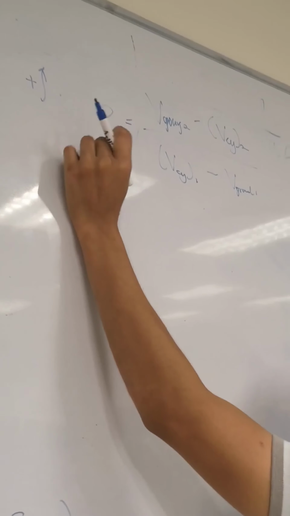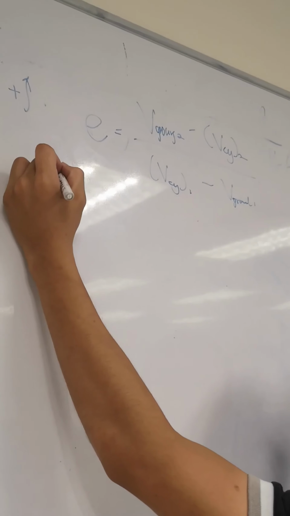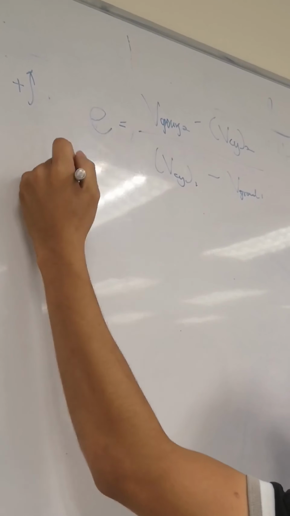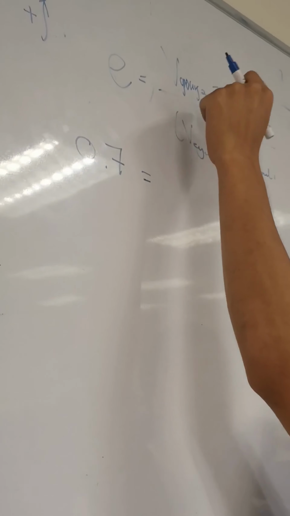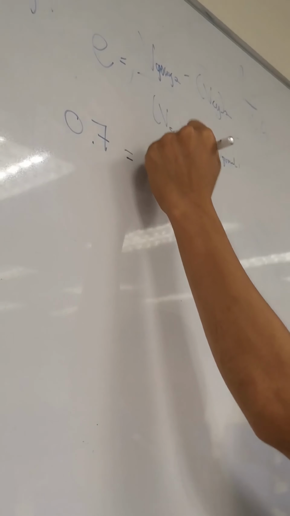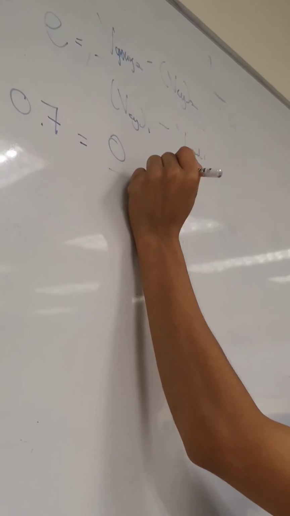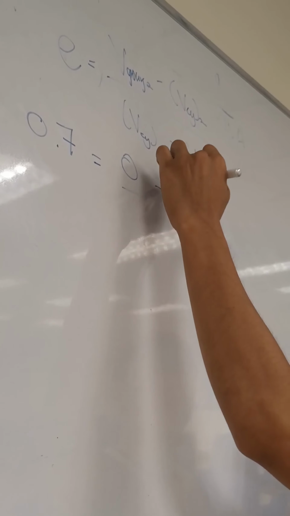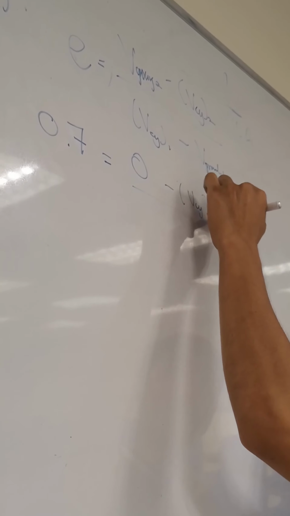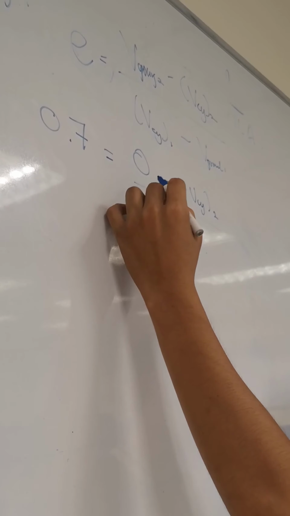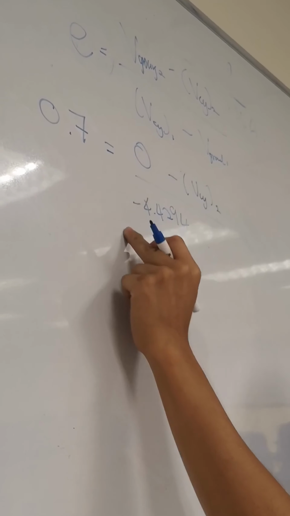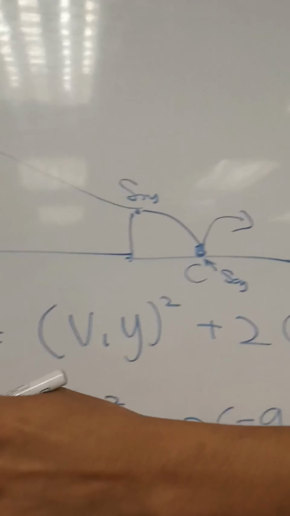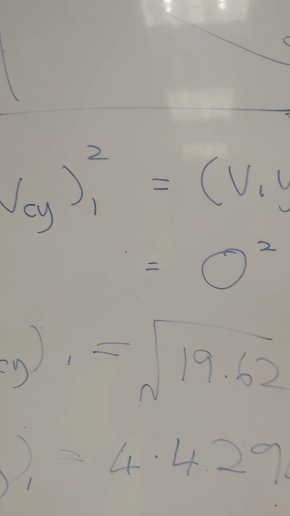The coefficient of restitution is given in the question as 0.7, and as we know, velocity at ground 1 and ground 2 is equal to 0, so ground 2 0 minus VCY2, which is what we want to find, and VCY1 is negative 4.4294. Why negative? Because just now we assumed downward positive, and we got 4.4294.